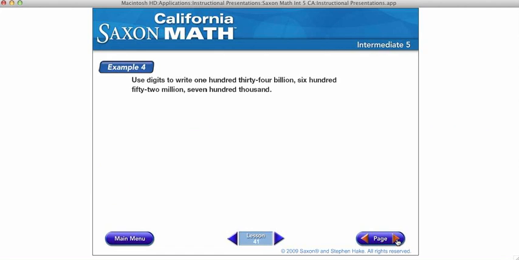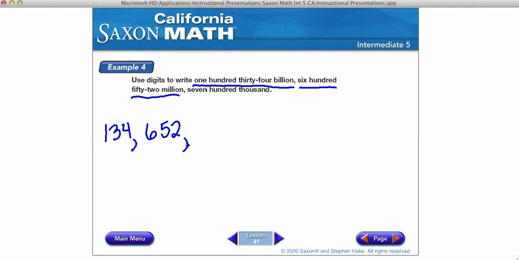So for example 4, now we're going to do the opposite. I'm going to use digits or numbers to write the number. So I'm going to break it down into groups. Okay? 134 billion. Okay, let's start there. 134, and when I say billion, that's going to be my comma. Our next set, 652 million.